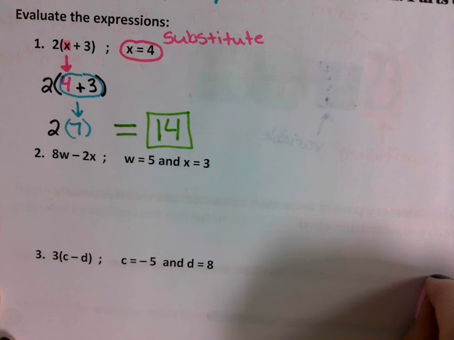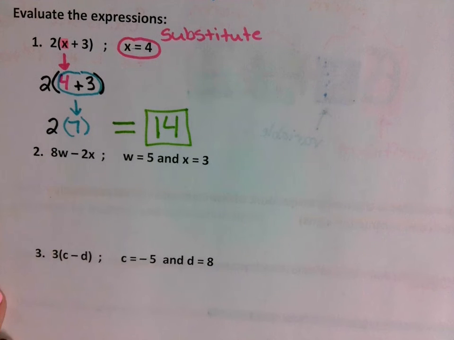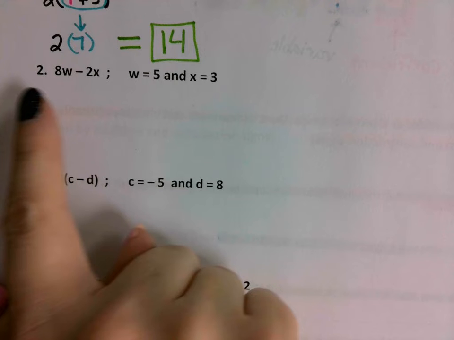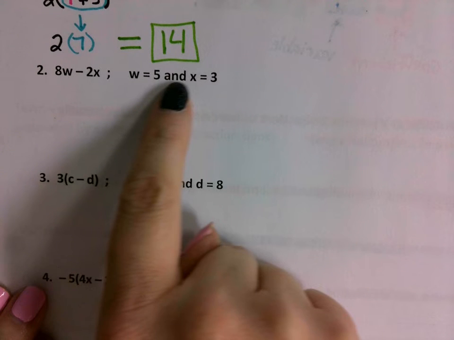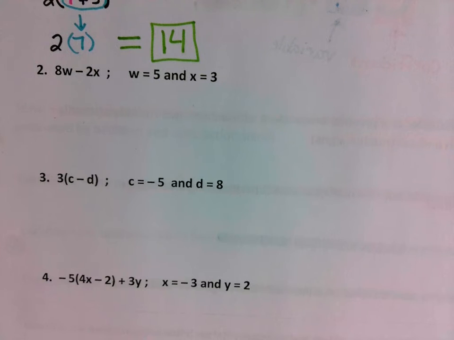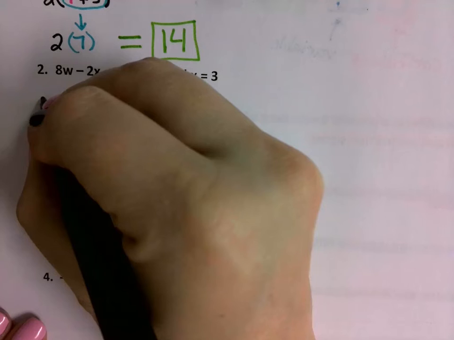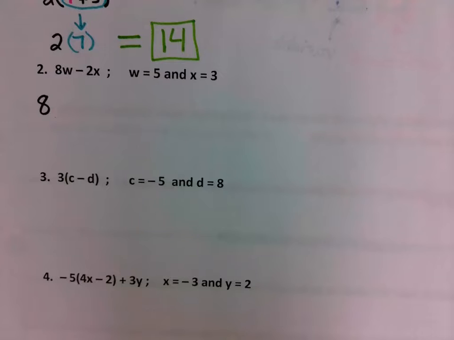Okay? All right. 8w minus 2x. w is equal to 5. x is equal to 3. So when I'm rewriting this problem, instead of it saying 8w, it's going to say what? 8 times 5. I had several kids today say 85.